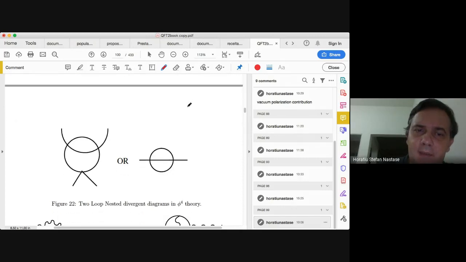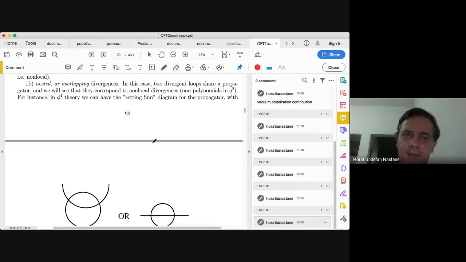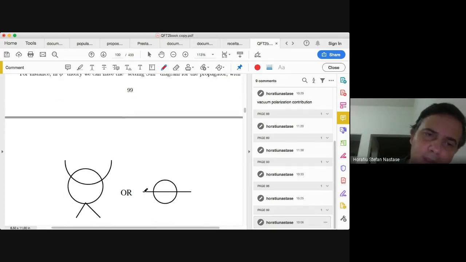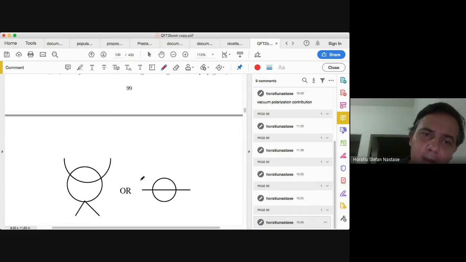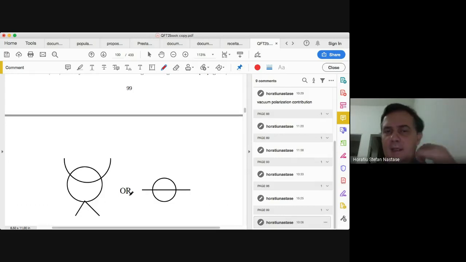One example I wrote here, in the phi-4 theory that we're going to be calculating, is either this, the setting sun, which is for a 2-point function, or this, which is for a 4-point function, where I basically just added one more vertex to have 2 more external lines.